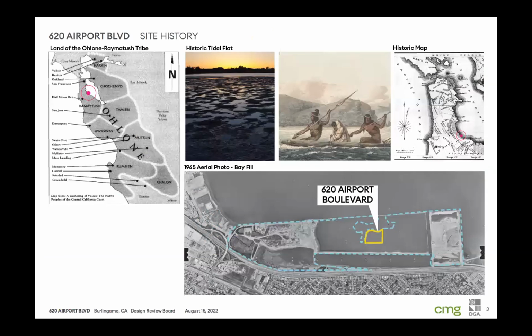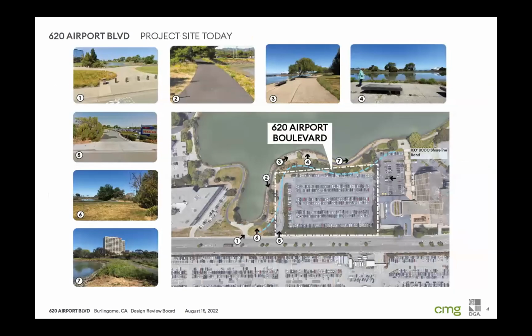Tony also mentioned that we are on historic tidal mudflats adjacent to lands of the Ramaytush Ohlone people. As you've seen, well described, the site is filled. It was filled in the 60s and now hosts commercial, recreational uses, as well as plenty of parking. And again, here's our site, 620 Airport.